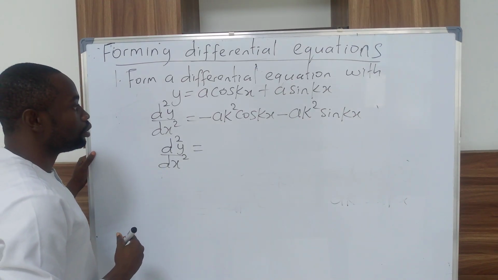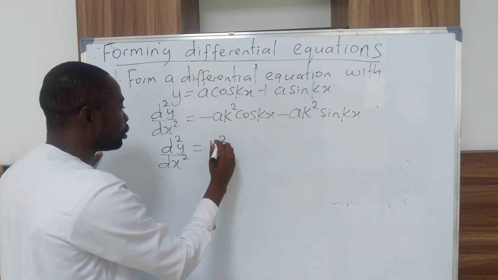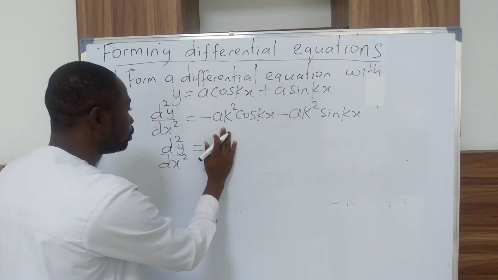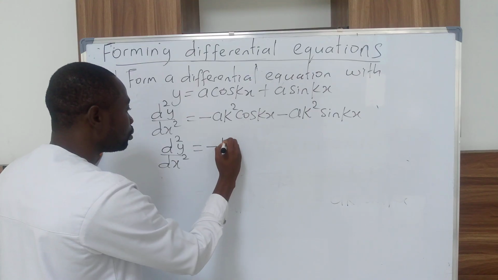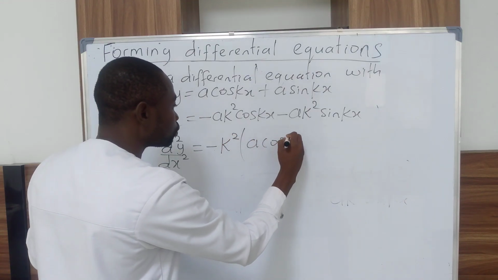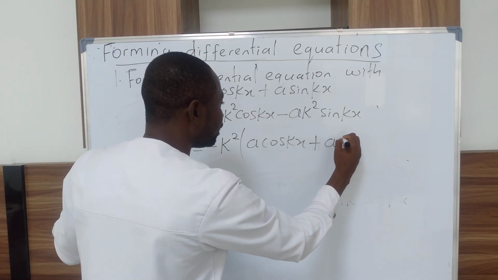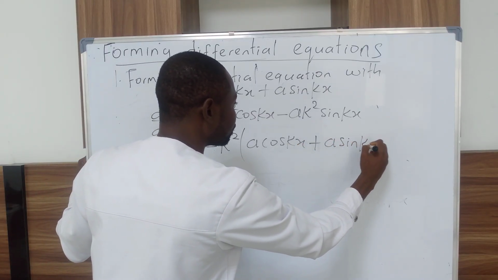Okay, so it's going to give me k squared. Okay, minus is also common. So minus k squared into a cos kx plus a sin kx.